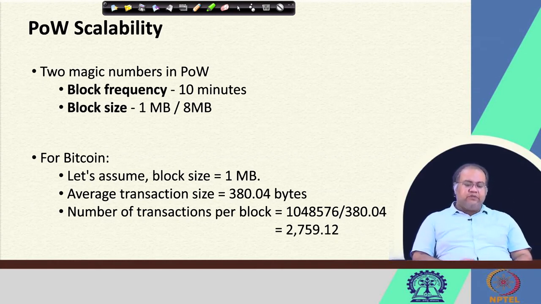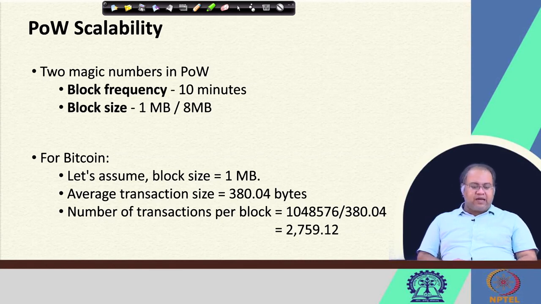Now, if you just assume that your block size is 1 MB and average transaction size is 380.04 byte, you can find out the number of transactions per block as the block size divided by the transaction size. So, your block size is 1 MB. If you convert it to byte, it comes to be 1048576 byte, and your average transaction size is 380.04 bytes.